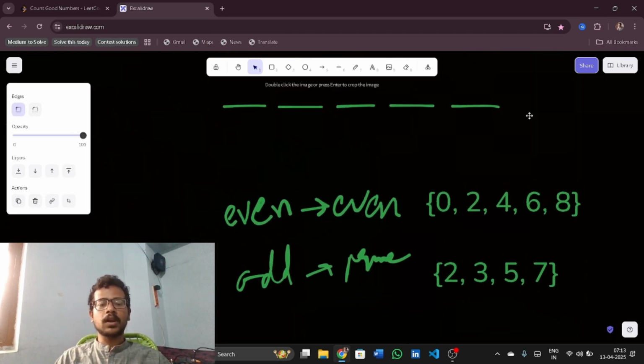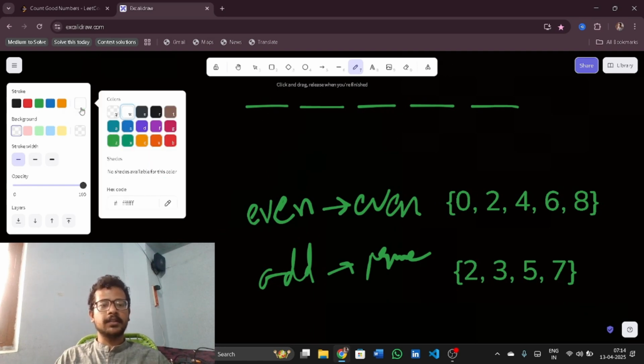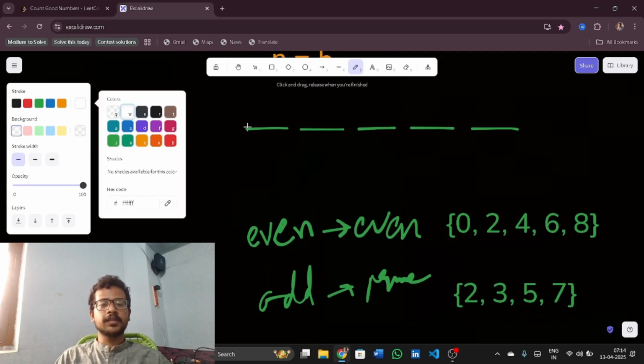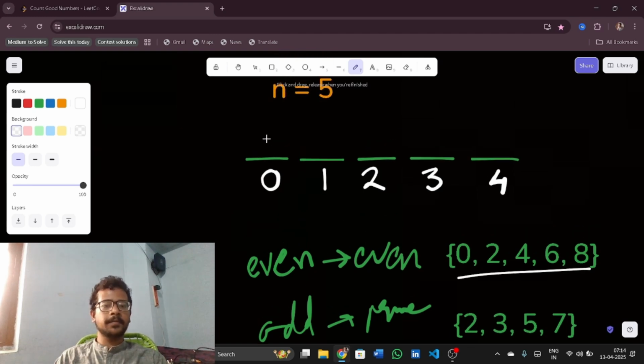At index 0, an even index, we can place 5 digits there.